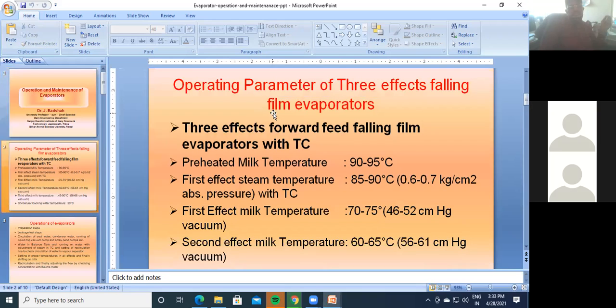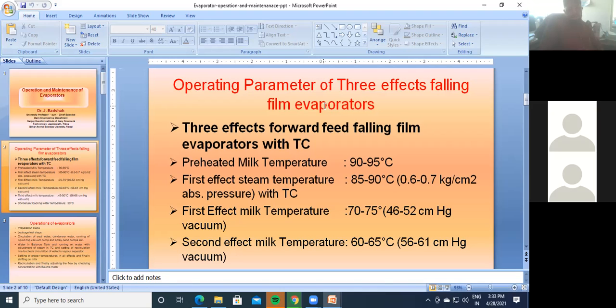This slide shows you the operating parameters of simple 3-effect falling film evaporators, which are most common and most prevalent in the dairy industry. In the dairy industry, short tube evaporators are not feasible because they are not economical for large capacity plants. They are economical for small capacity plants.